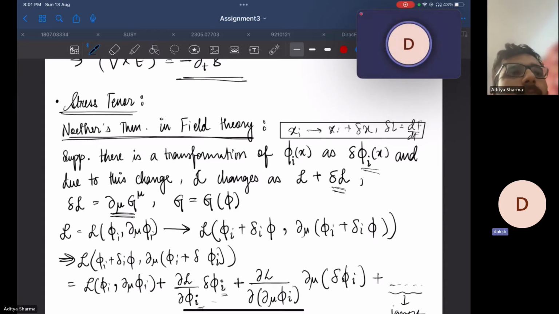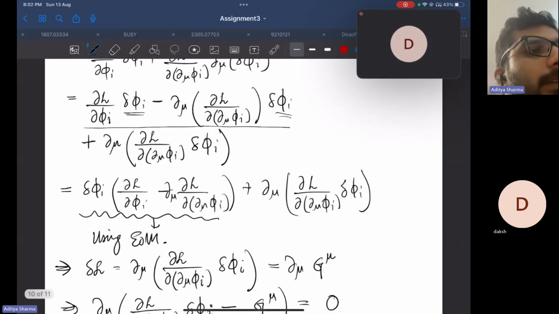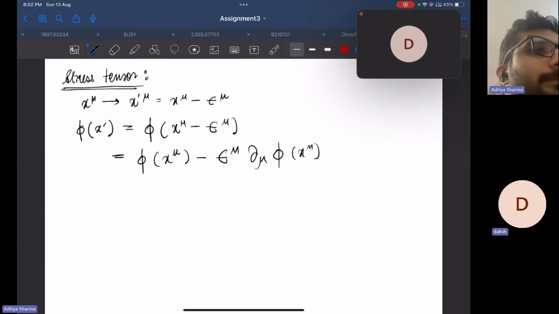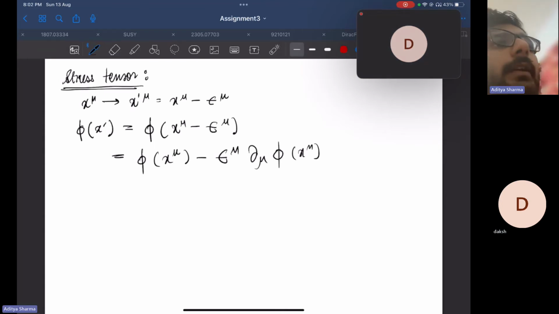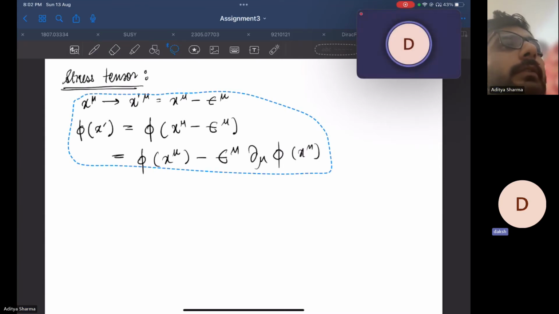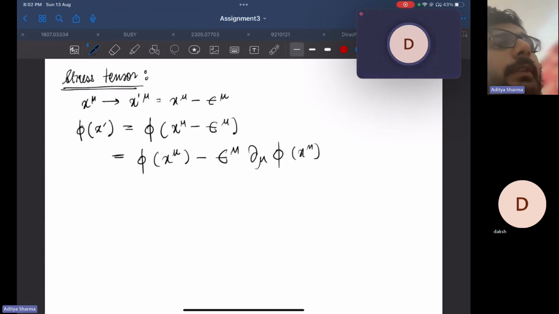Like the last equation you wrote, why do you want this to be conserved? No, the new field form is not conserved. I thought it was phi prime of x prime. No, this phi only.